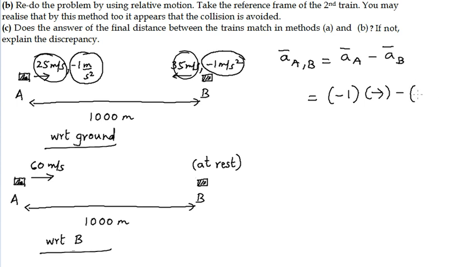So it's going to be minus 1 meter per second square in the leftward direction. And once again, this minus sign can be changed to a plus sign, provided that this leftward pointing arrow, I make it rightward pointing. So what I've got is two vectors of minus 1 meter per second square. Both of them are in the rightward direction, and so when I add them, I get minus 2 meters per second square in the rightward direction.